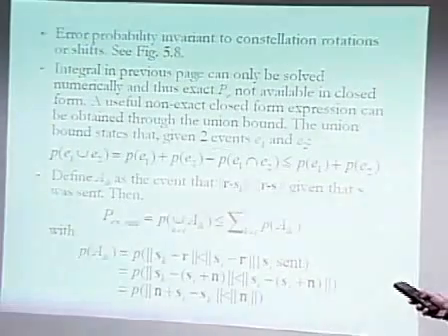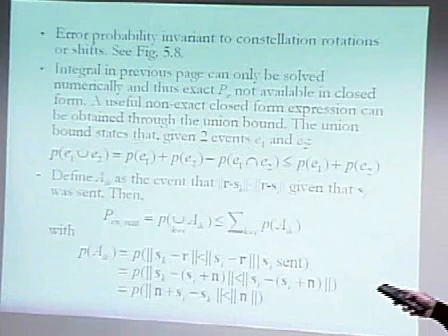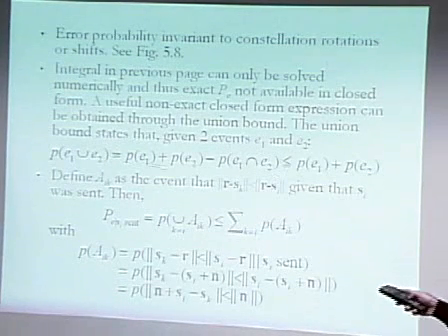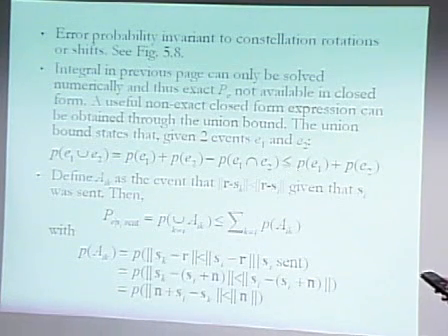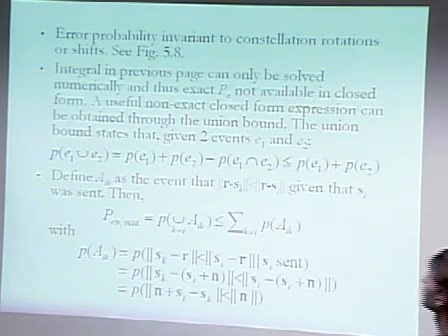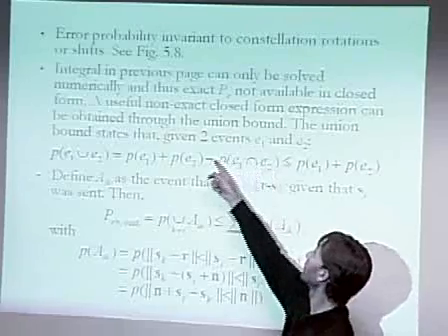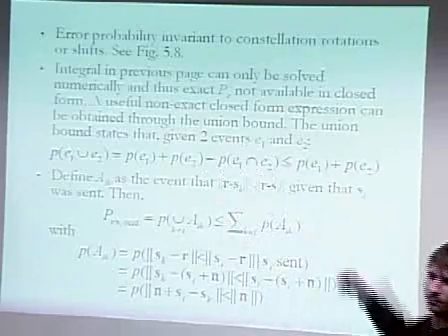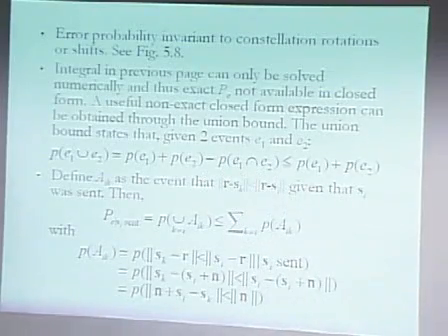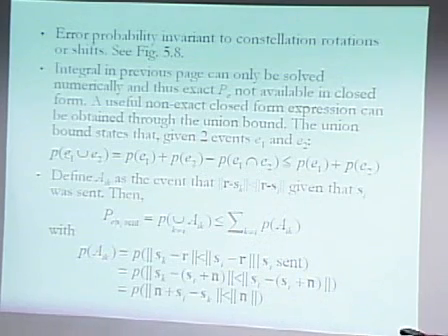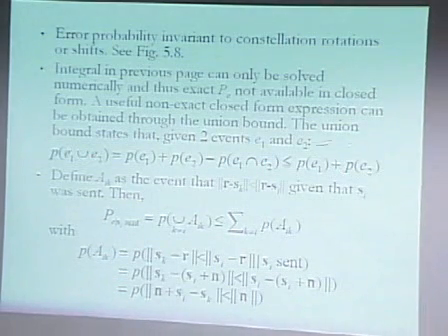Now, since probability is always positive, this summation of three terms is guaranteed to be less or equal than the probability of E1 plus the probability of E2, right? Because this term is positive, and so its subtraction can only diminish the resulting sum. Okay? So the union bound is exactly this inequality between this term and this term, right?